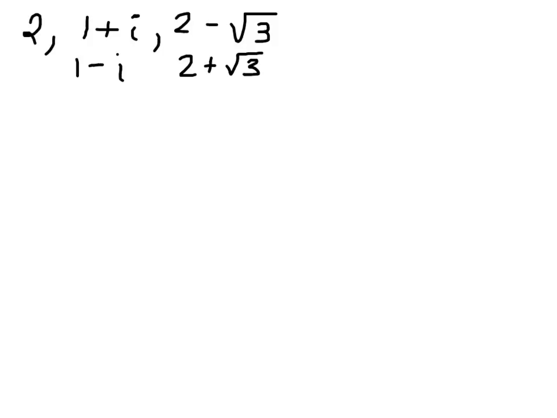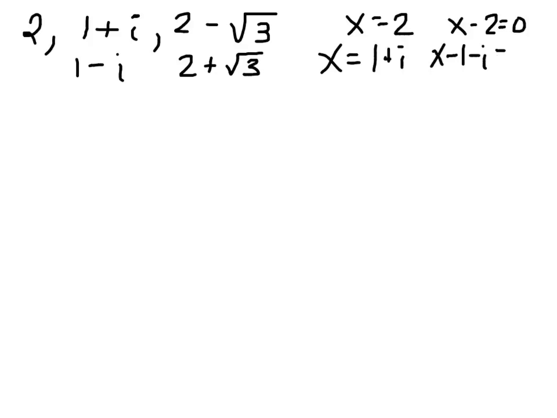Now when we set these equal, again, remember that was x equals 2, which means x minus 2 equals 0. That was x equals 1 plus i. So when you move it over, it's x minus 1 minus i, and x minus 1 plus i. Notice that the only thing that changes is the i's.